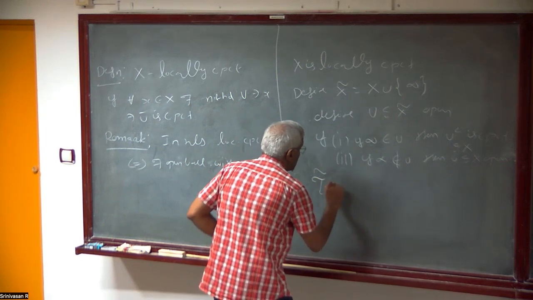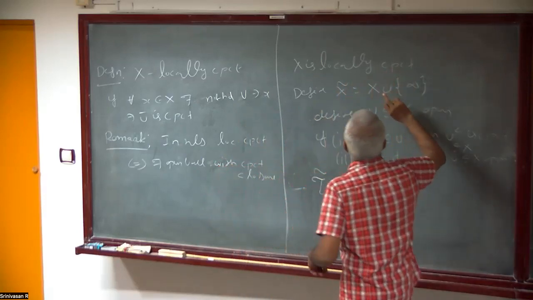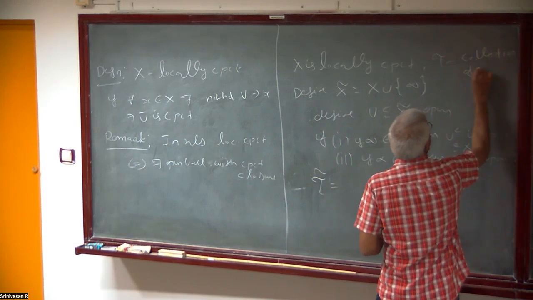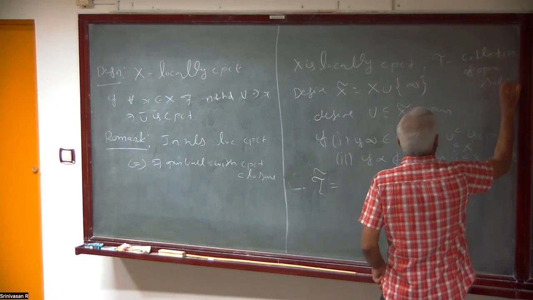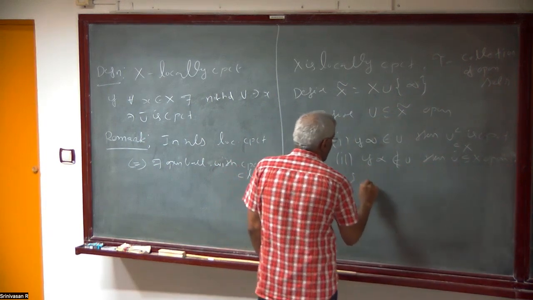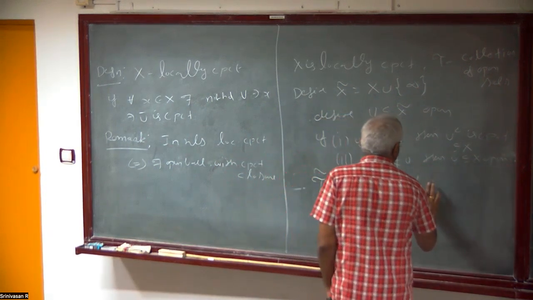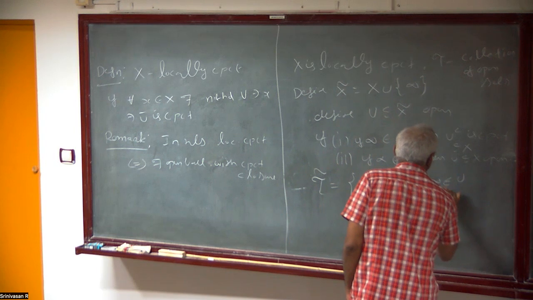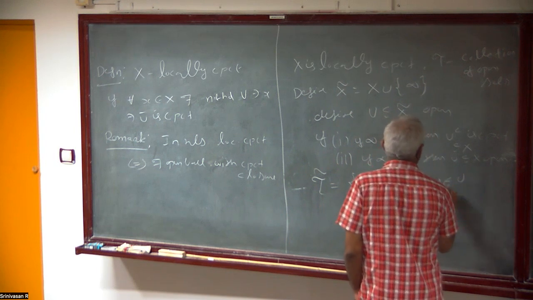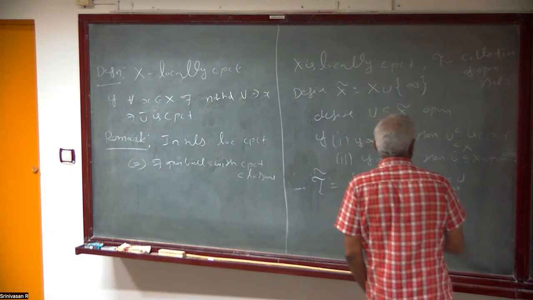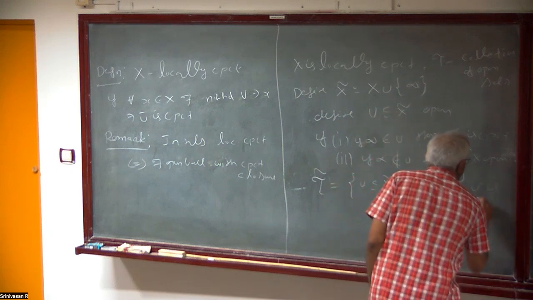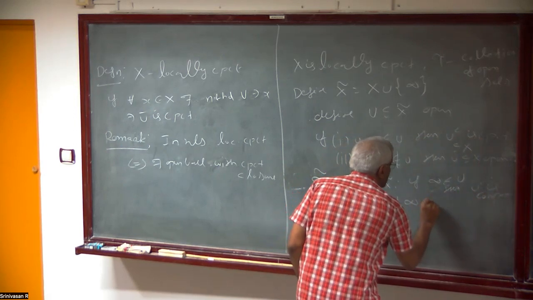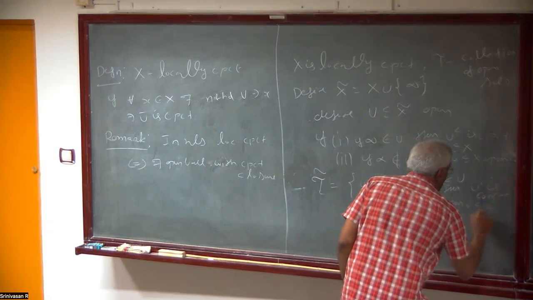Let me say this, tau tilde. X is locally compact and tau is the collection of open sets, the topology on X. Then tau tilde is the collection of U contained in X tilde such that if infinity is in U, then U complement is compact, and if infinity is not in U, then U contained in X is open.